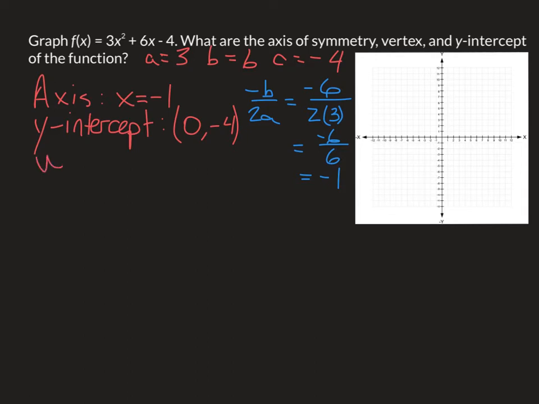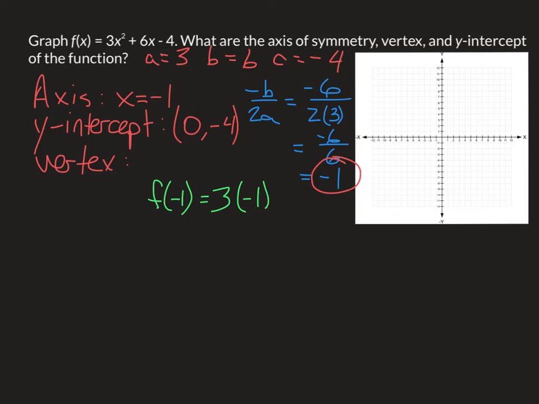The vertex then. Well, we know the x-coordinate of the vertex is the same as that negative b over 2a value. So I want to plug in negative 1 for x and figure out what y equals.